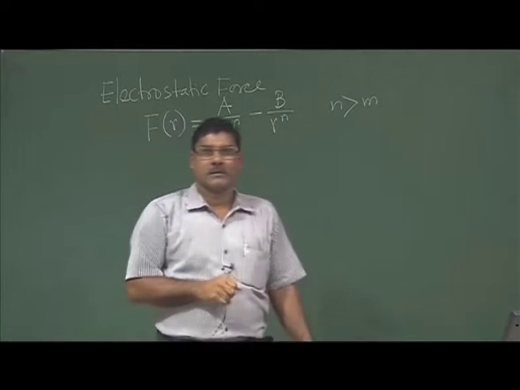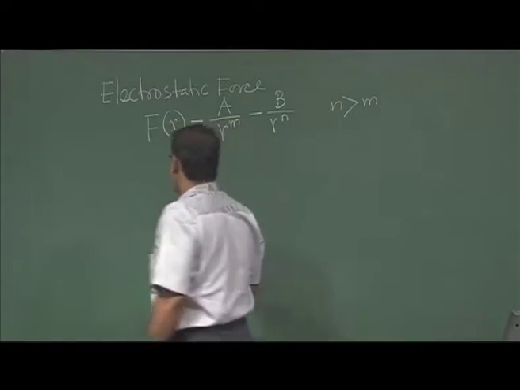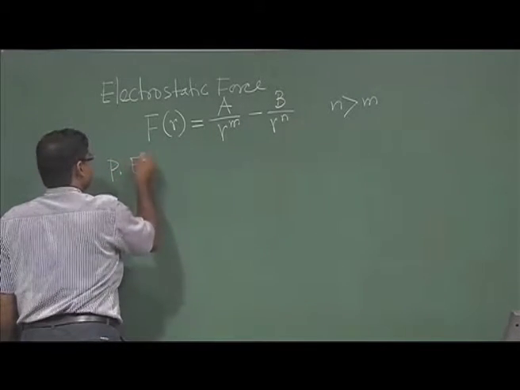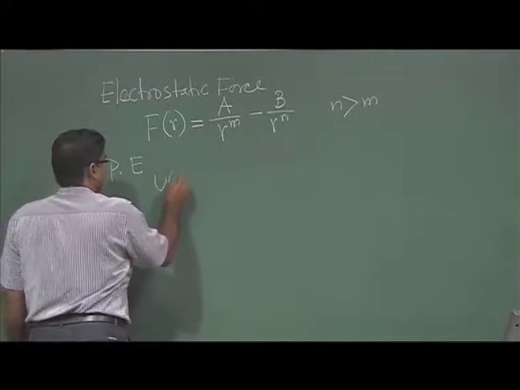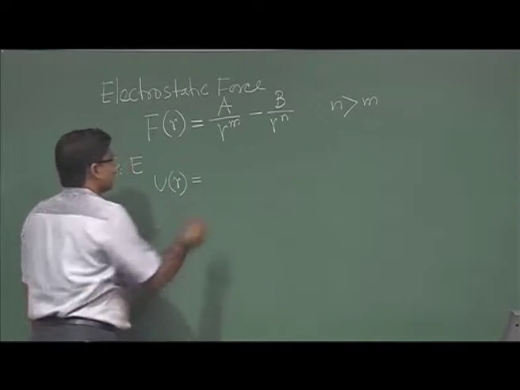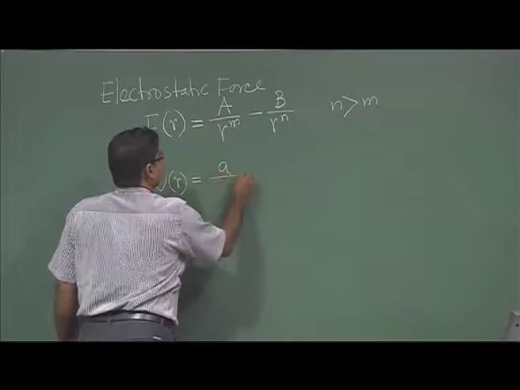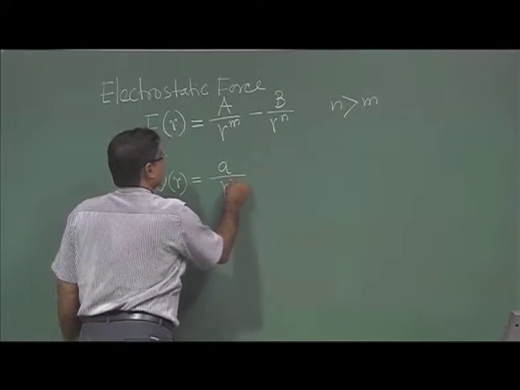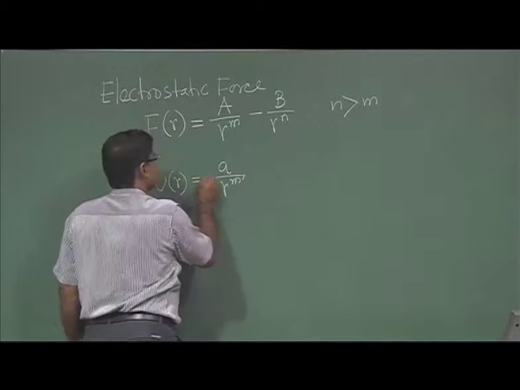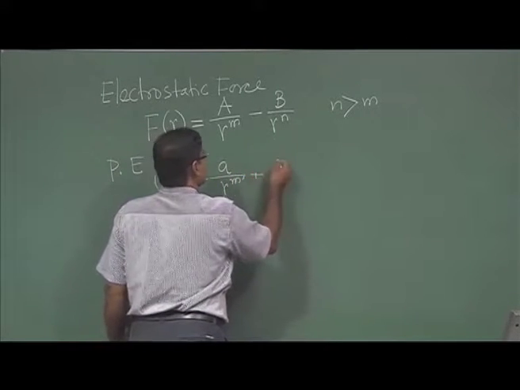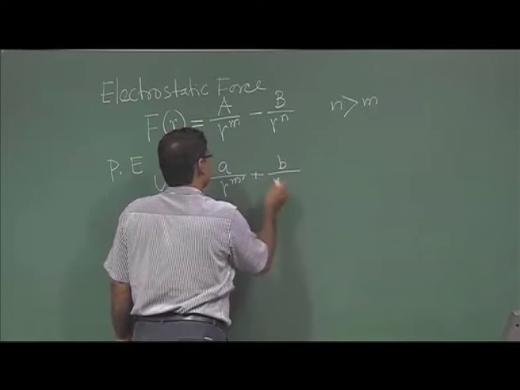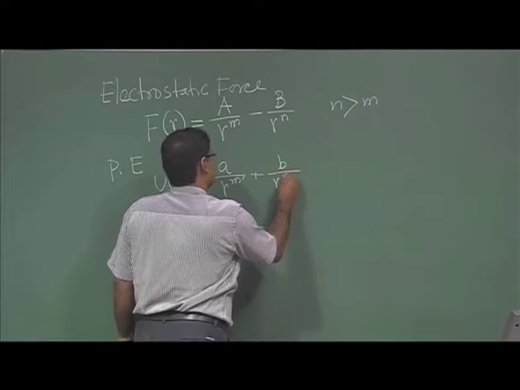and corresponding potential energy u as a function of r, a by r to the power m dash, minus here, plus b by r to the power n dash.